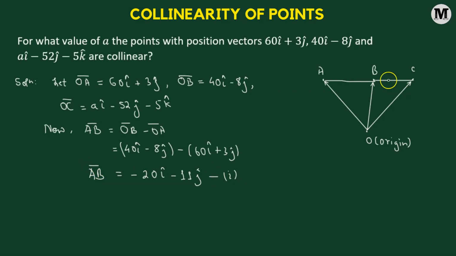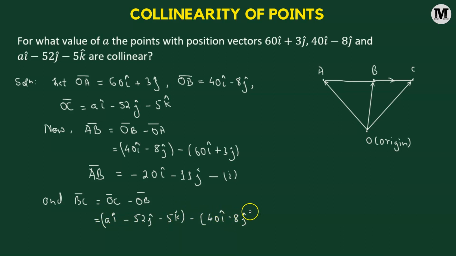Now we will find the vector BC. BC vector is defined as OC vector minus OB vector. The OC vector is a i cap minus 52 j cap minus 5k cap, and from here we subtract OB vector, which is 40i cap minus 8j cap.